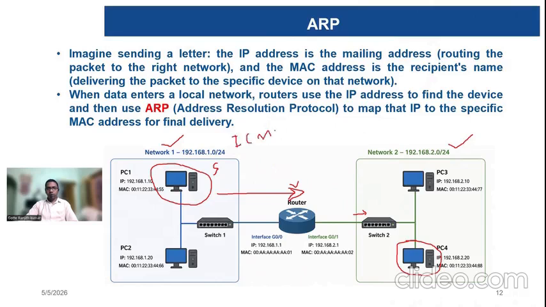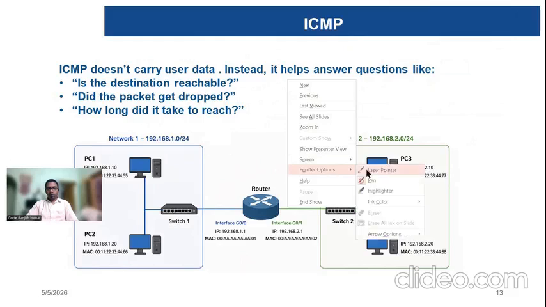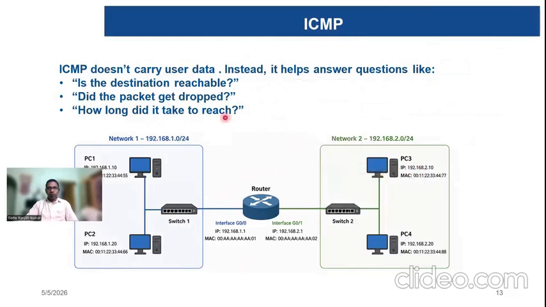This protocol will send a packet from source to the destination. Just assume that PC4 is the destination. What this ICMP protocol does: it sends the packet and knows whether the destination is reachable or not.